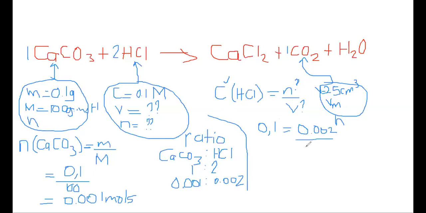Divide by the volume. Whose volume is this? Volume of hydrochloric acid. Then I cross multiply. This is over 1. So I'm going to have V is equal to, these two swap. 0,1 comes here, V goes there. So I'm going to have 0,0002 divided by 0,1. What's your answer?